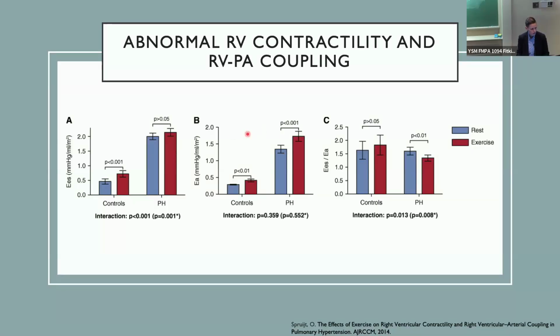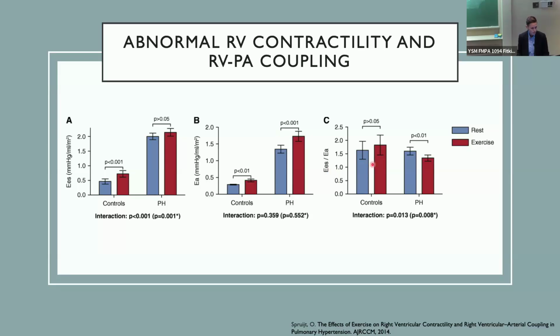In panel B, which shows our arterial elastance, a measure of afterload, we see that afterload rises in both groups, but the increase is greater in patients with PH, reflecting the heightened pulmonary vascular load of this disease process. And panel C shows the net effect on RV to PA coupling, expressed as the ratio of Ees to Ea.